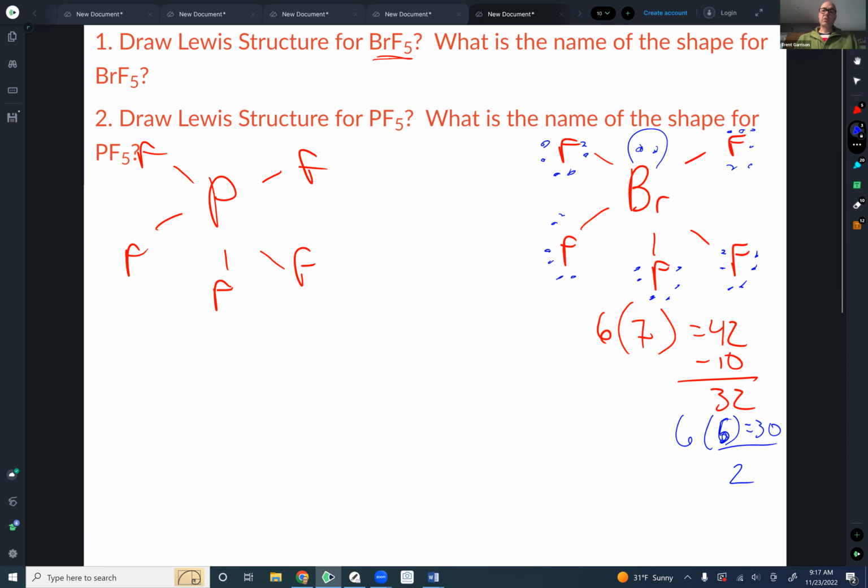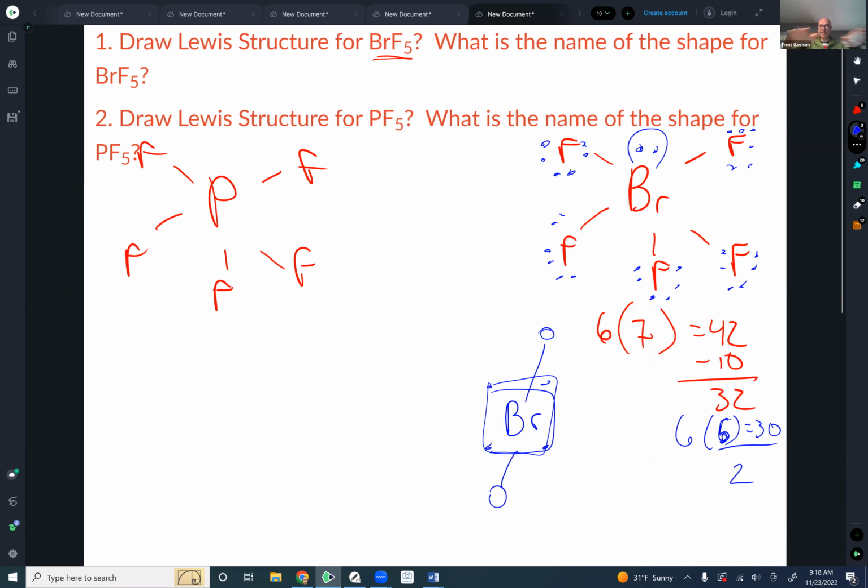Okay. Now, when you have 6 ligands bonding around this central atom, that means it is going to be of the octahedral version. So I will have a central box, and then coming out of this box, I have 2 atoms, one going up and one straight down.